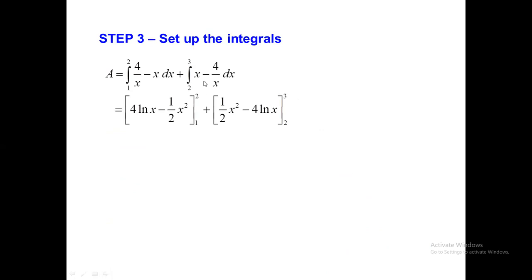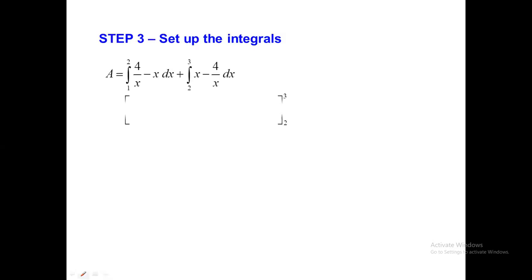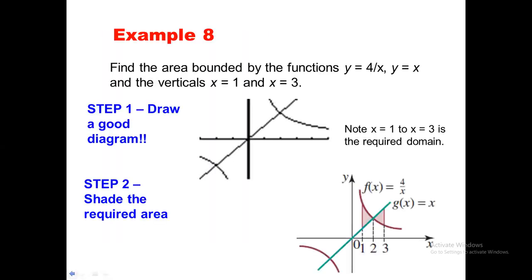And you have x minus 4 over x from region 2 to 3, or bounded by the coordinates of x 2 to 3. So it's the other way around. Wait, class. It's the other way around with this integral.